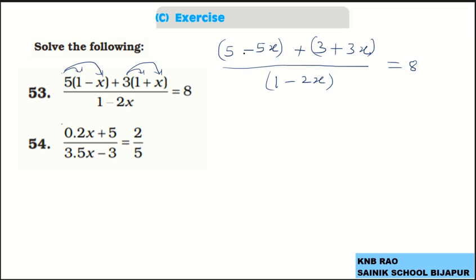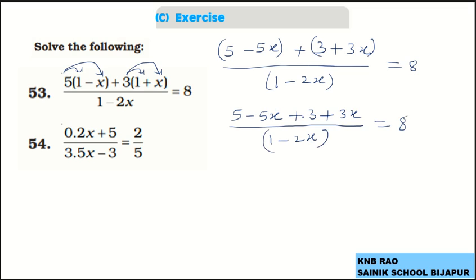Now, 5 minus 5x plus 3 plus 3x, we have to remove these braces. So, 5 minus 5x, removing bracket with the help of plus sign changes no signs of the terms here. So, plus 3 remains as plus 3, plus into plus is plus only, plus 3x upon 1 minus 2x equal to 8.